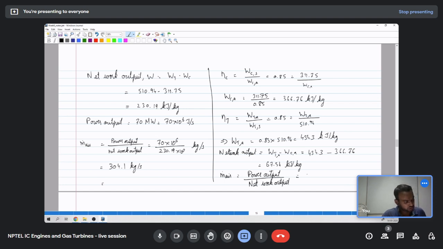That is 70 into 10 power 6 divided by 67.54 into 10 power 3. This is 1036.4 kilogram per second.